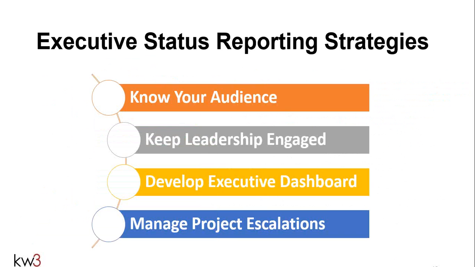And 4 is about managing project escalations. So these are the 4 key strategies that we'll talk about for the next several minutes, and they are key to getting more effective at executive level status reporting. So let's move forward and dive deeper into each one of these.